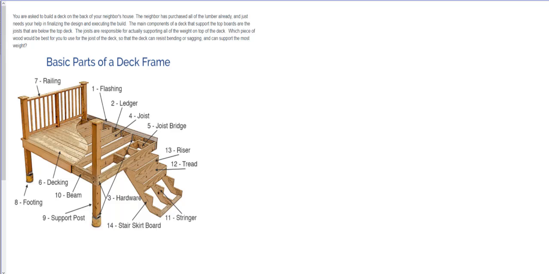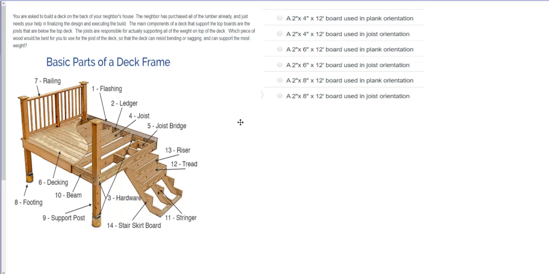So you had a couple of options here. The first thing you should know is that we can cancel some of these out right off the bat: this one, because it's a plank, this one, because it's a plank, and this one, because it's a plank. It says in the problem that it's in joist orientation because that's the strongest. Then we have 3 here, and we're trying to find the one with the highest moment of inertia.